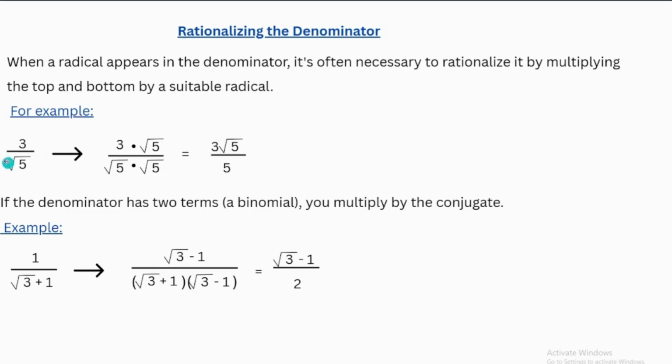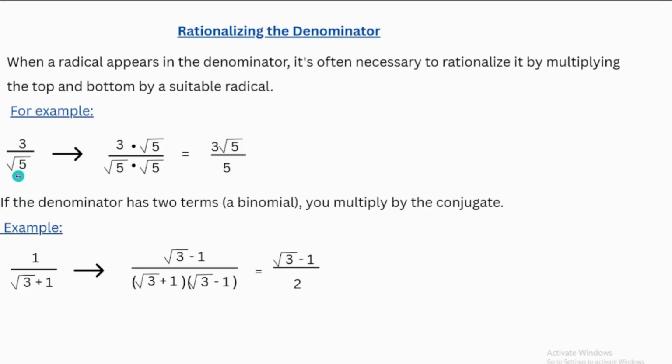So to cancel this radical, we have to multiply both numerator and denominator by the same root. When we multiply the denominator by the same root, we get the number under the root, and we will get the numerator 3 root 5. So this is the simplest form.